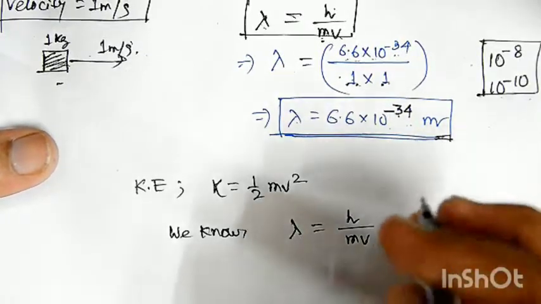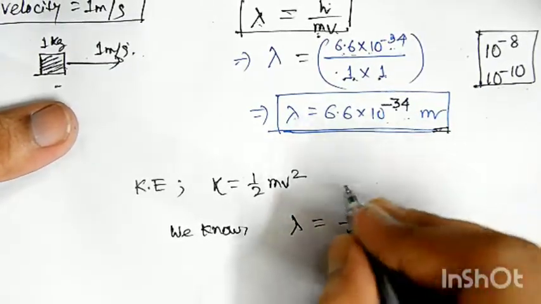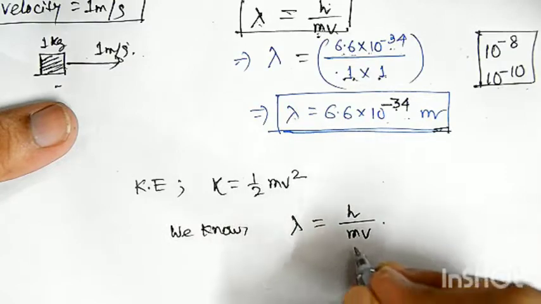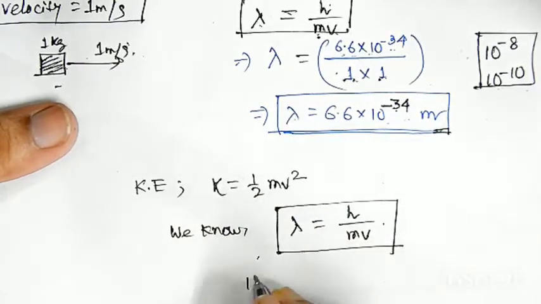So what can I say? Let's put the value of kinetic energy in this equation, but we cannot directly put them. Say kinetic energy k is half mv square, so 2k into m is m square v square.